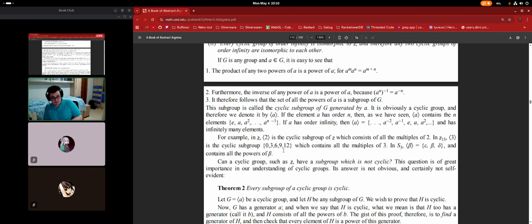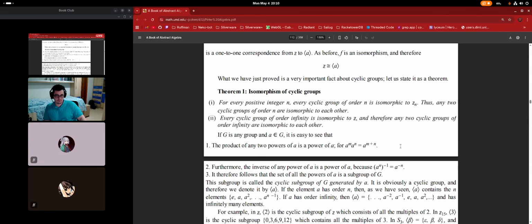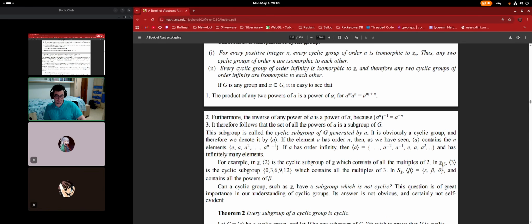And in Z15, the integers modulo 15, cyclic of 3 is a cyclic subgroup of all those that are multiples of 3, but the ceiling is 15, right? Which contains all the multiples of 3. Actually, this is modulo 15, right? I was reading this wrong, because when there is a subscript here it is modulo. So that's why 15 is not appearing here. And then in S3, there's that.